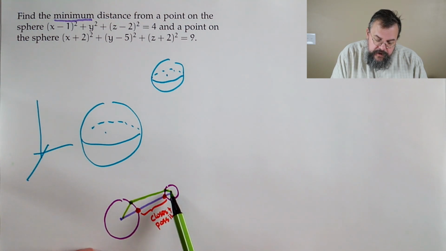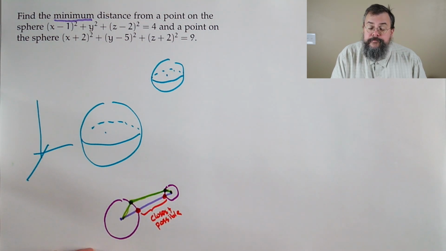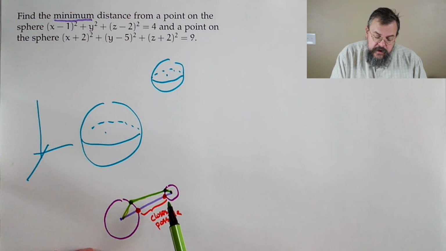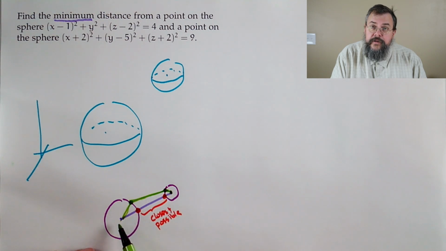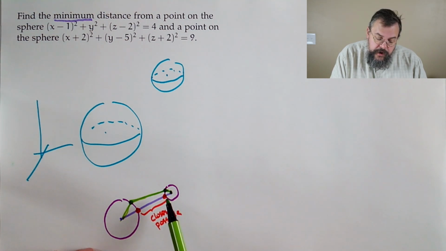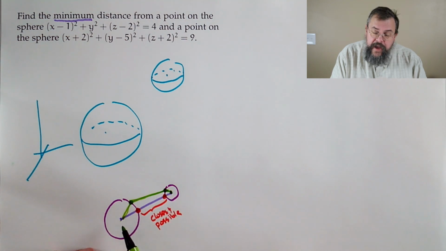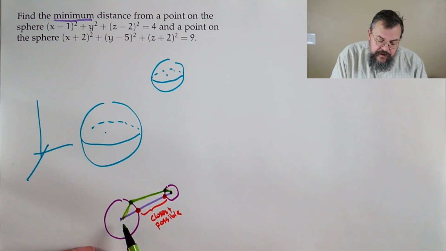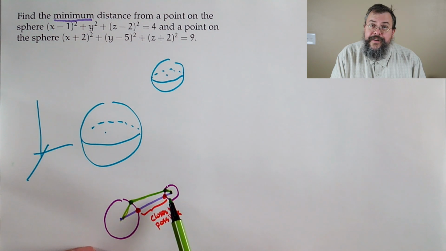I'm going to go from the center out to my first point, across to the other point, and then to the other center. And I'm going to compare it to my original drawing here. So what's true? Well, if you look, it's fastest to go in the straight line. So this is the shortest possible route.